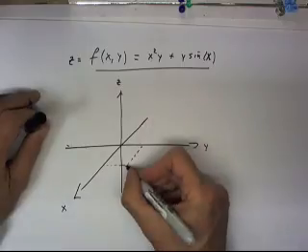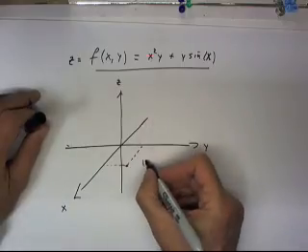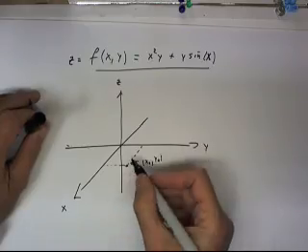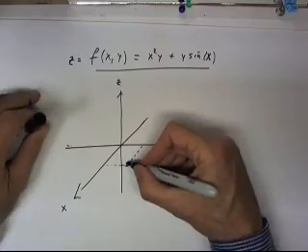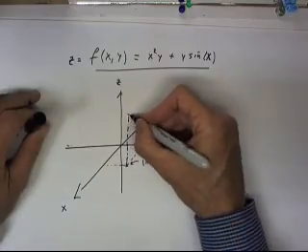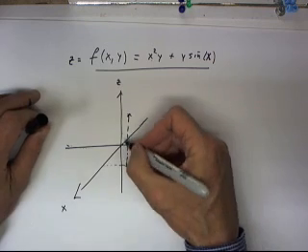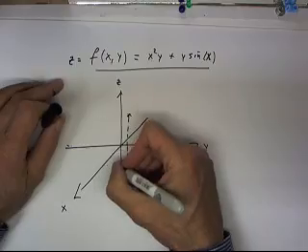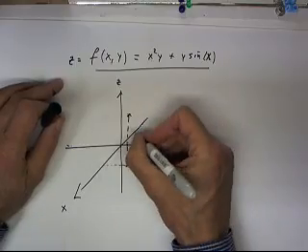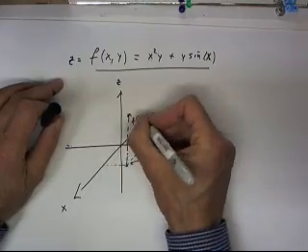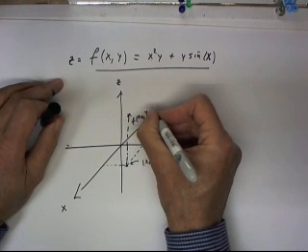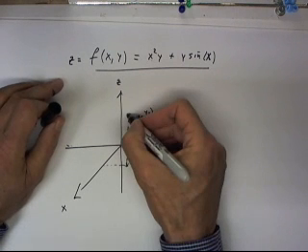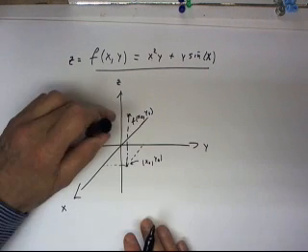If this is a point, let's call this point x naught, y naught, then plugging those in, we get a z value, and the height of this line is going to be f of x naught, y naught. So we have the point x naught, y naught, and a point f of x naught, y naught on a graph.